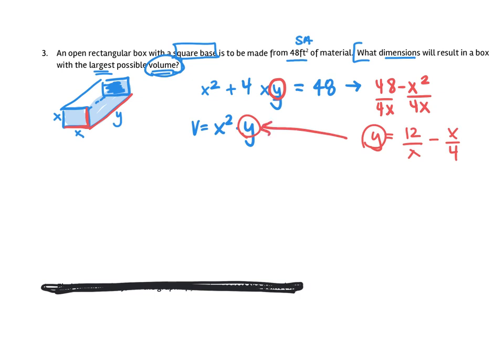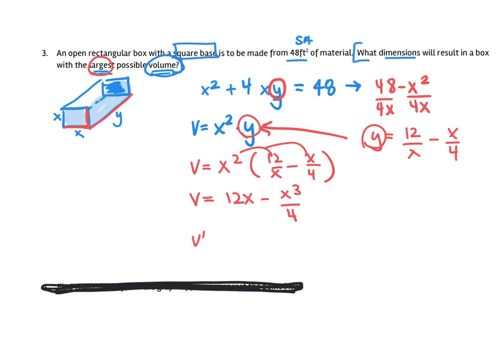So now what I have is the volume is equal to x squared times 12 over x minus x over 4. And again, to simplify by distributing, one of these x's will simplify away, so I have 12x, and here I have x to the third over 4. Now, because I'm trying to maximize this, I'm going to find the derivative, and then I'll set it equal to 0.